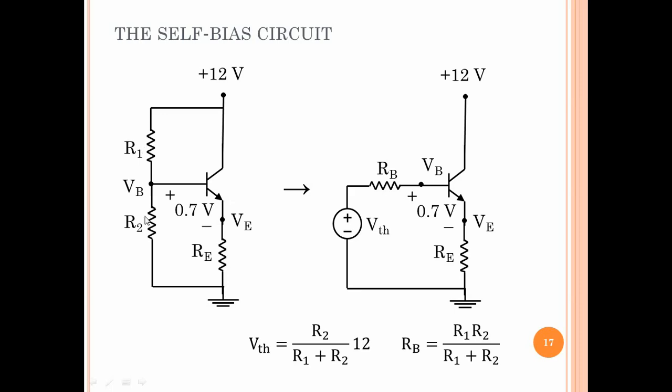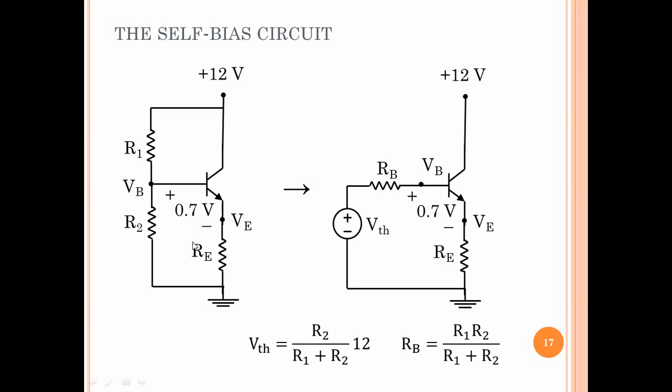So we have R1 and R2. In some sense, one often says that this is a voltage divider to generate VB from 12 volts. It doesn't matter. There are many ways of looking at what R1 and R2 are doing. But now we have three variables. So hopefully with these three, we'll be able to satisfy the three specifications given.